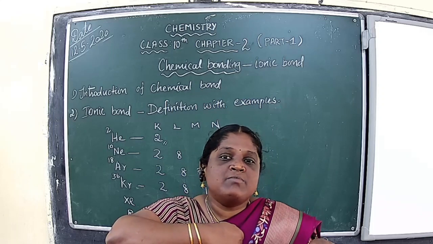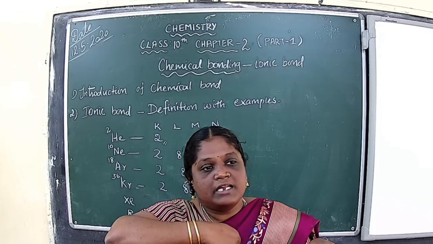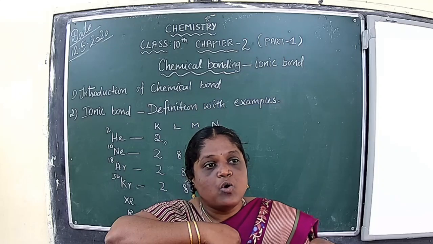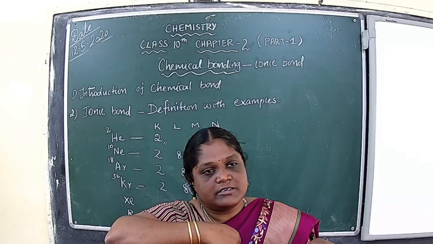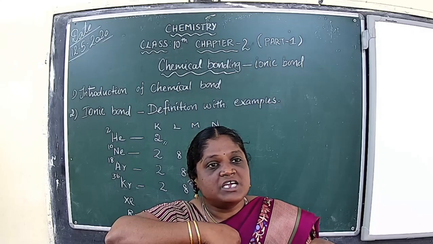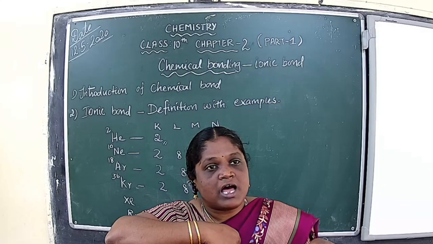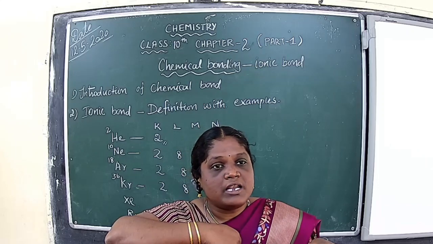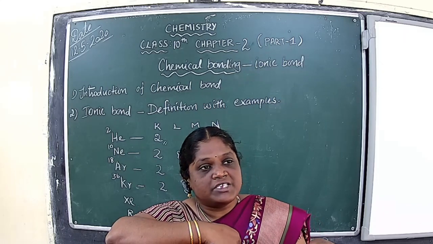The maximum number of electrons present in the outermost shell is 2 or 8. If the valence shell has 2 electrons, that is a stable electronic configuration.